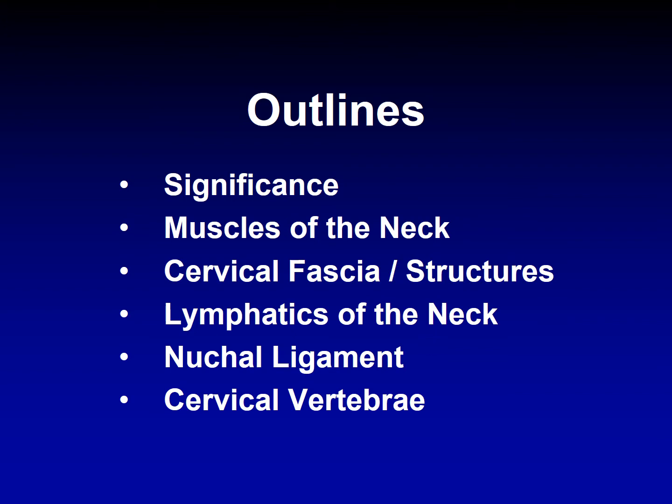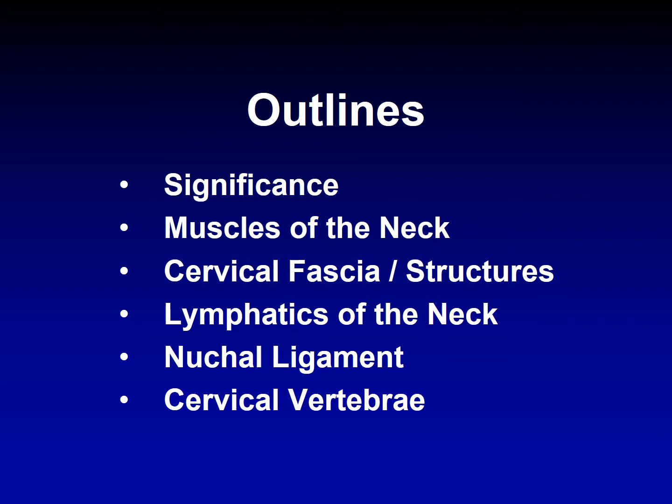Now we move to the fourth point, and that is the lymphatics of the neck. I mentioned that the lymph nodes that drain the neck are divided into two parts: the superficial cervical lymph center and the deep cervical lymph center.